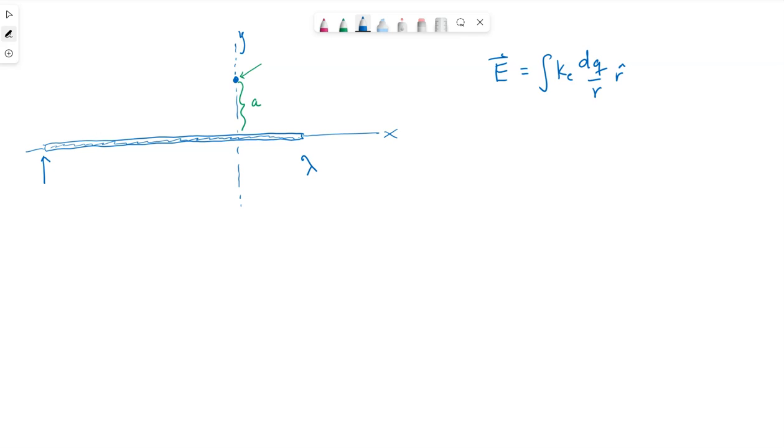I'm just going to say the left end is at some position x1. The right end of the rod is at some position x2. So I'm just going to solve this symbolically first. So I'm going to assume I know lambda, x1, x2, and a.